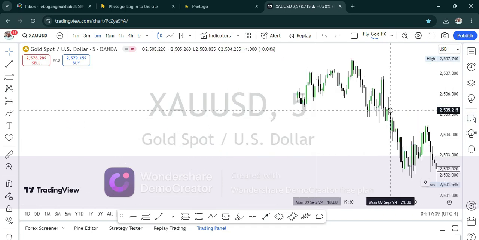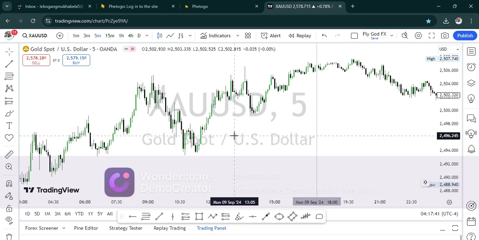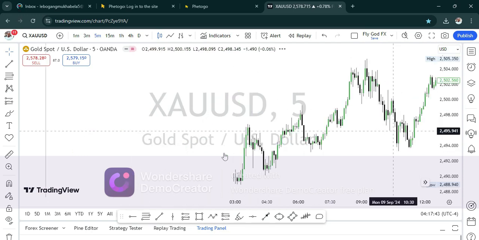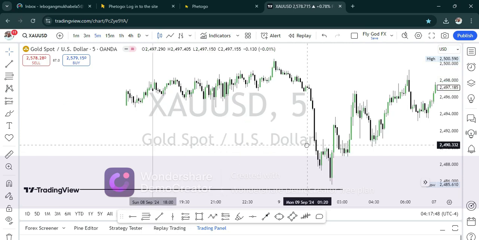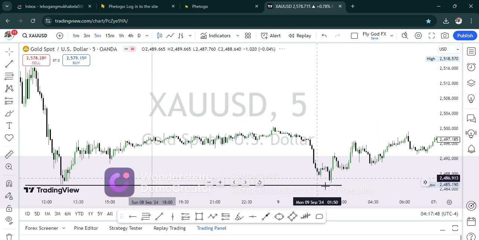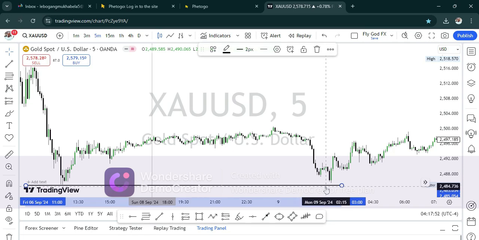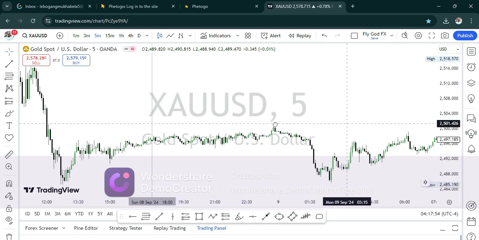Next week I will do my analysis on all four currency pairs that I trade.